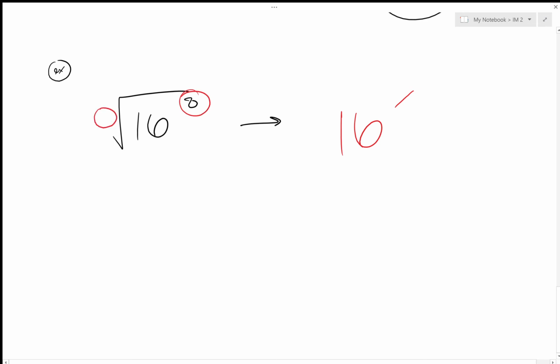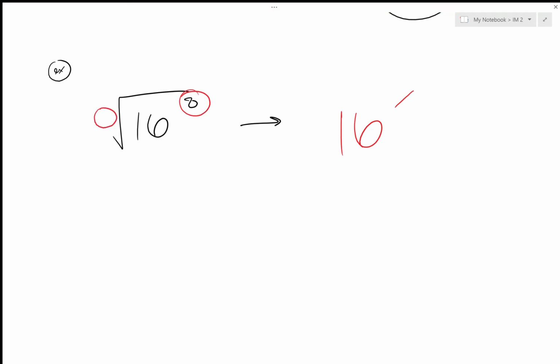Let's say we're doing the same thing. We got the radical 16 with an 8. We want to rewrite that into exponent form. The base, the number inside is the 16. I want to rewrite the exponent as a fraction. Now we've got the number at the end, but we don't see a number in front.